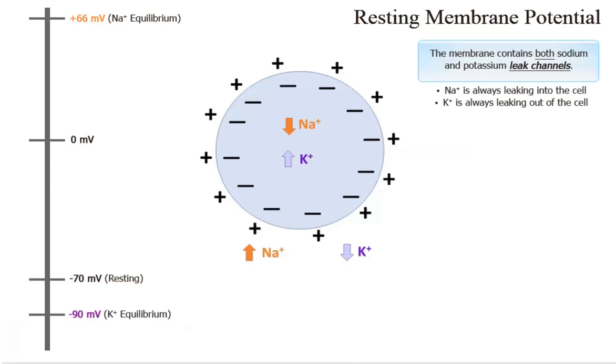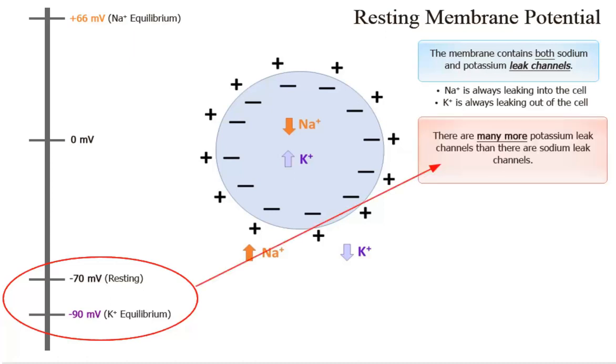So at rest, sodium is able to leak into the cell, and potassium is able to leak out of the cell. The fact that the resting membrane potential is negative 70 millivolts, and it is much closer to potassium's equilibrium potential, tells you that there are far more potassium leak channels than there are sodium leak channels.